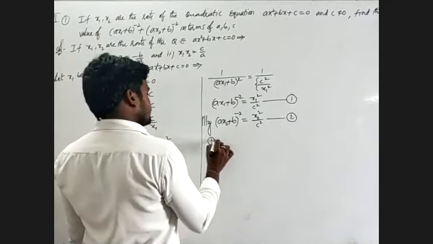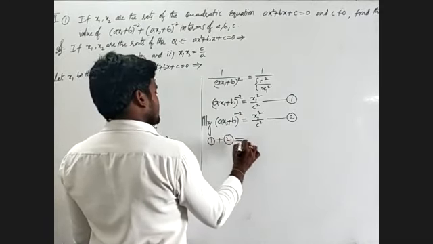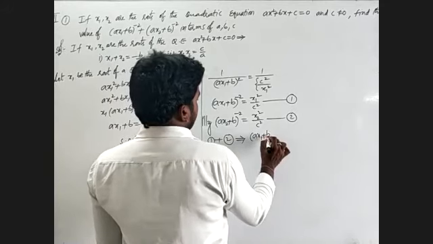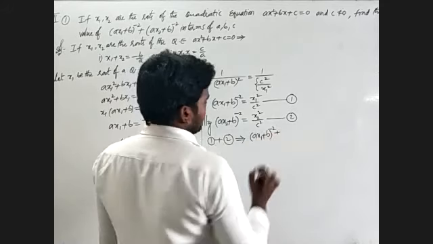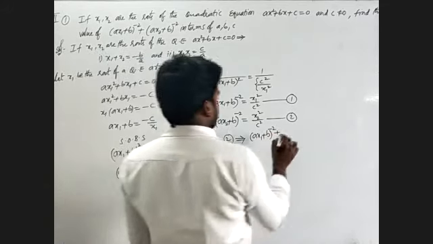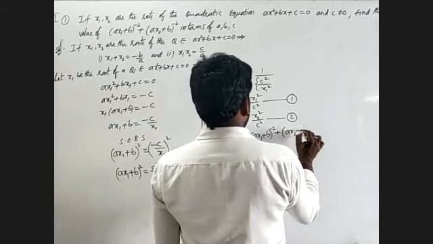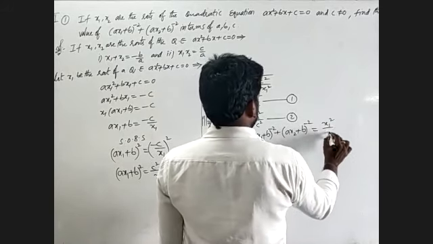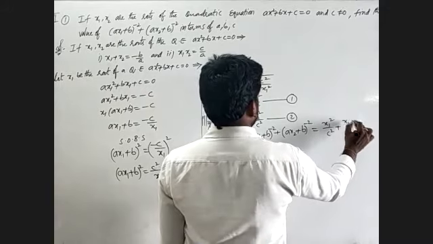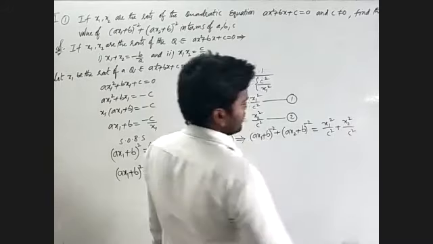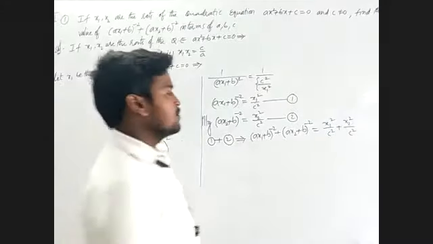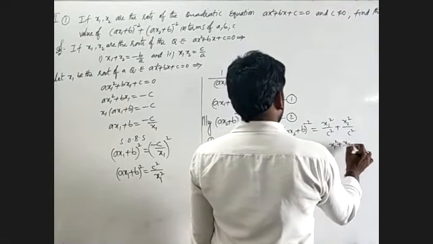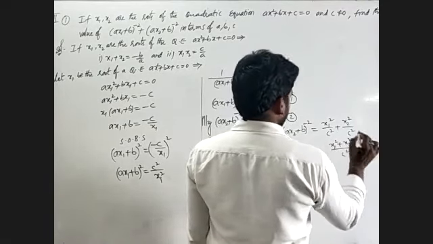Adding 1 and 2, the left-hand sides add: (ax1 + b)^(-2) + (ax2 + b)^(-2) = x1²/c² + x2²/c². The common term is c², so we write (x1² + x2²)/c².